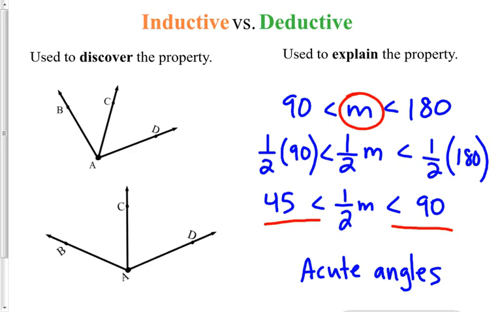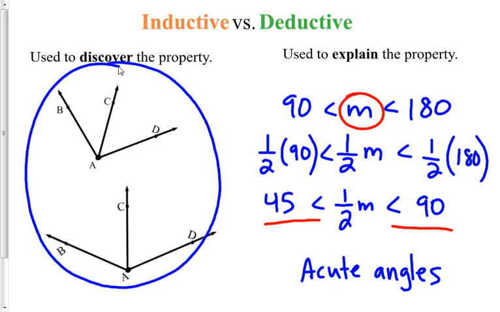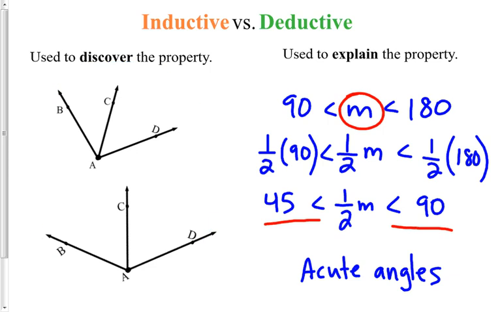This shows the value of deductive reasoning and the value of algebra, because instead of needing to come up with an infinite number of examples using inductive reasoning, we can account for all infinite obtuse angles by using algebra and that variable m right there.